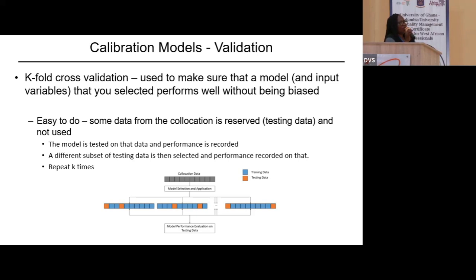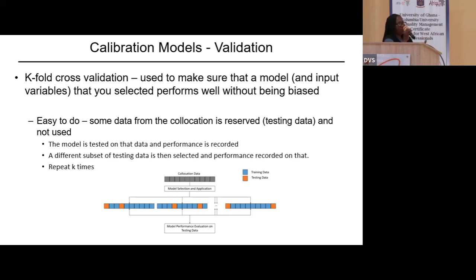You collect your data from the same location where you have your reference monitor, and then the model is tested on that data. The particular robust model that you use, say an open source model, you test it on that data, and then you record the performance, and you don't just stop there.